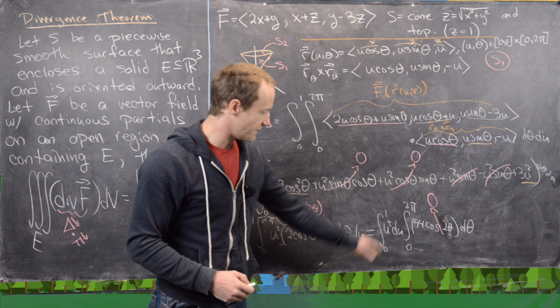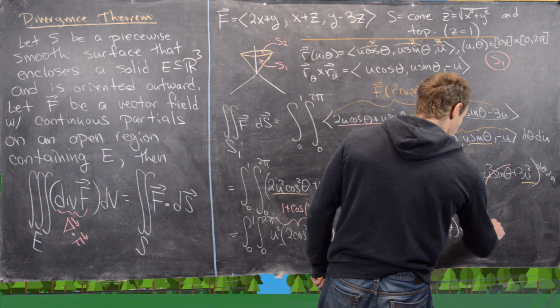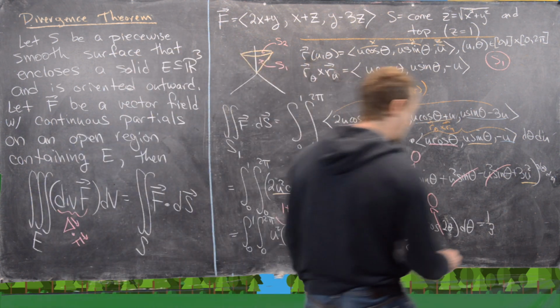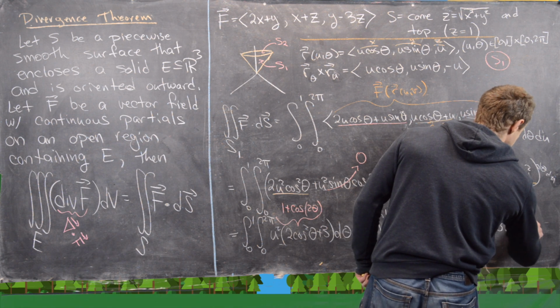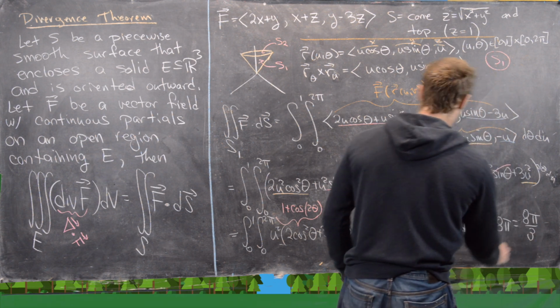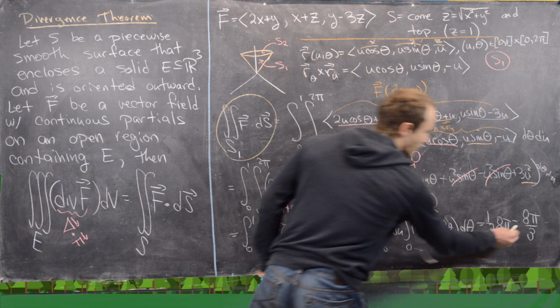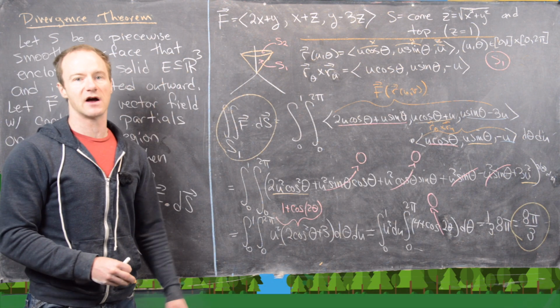The antiderivative of that is u cubed over 3, evaluated at 1, gives us 1/3. And then here we have 4 times 2 pi, or 8 pi. So 1/3 times 8 pi gives us 8 pi over 3. Great. So our surface integral over the cone part of our surface gives us 8 pi over 3.